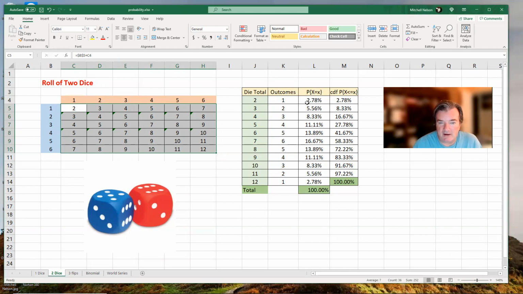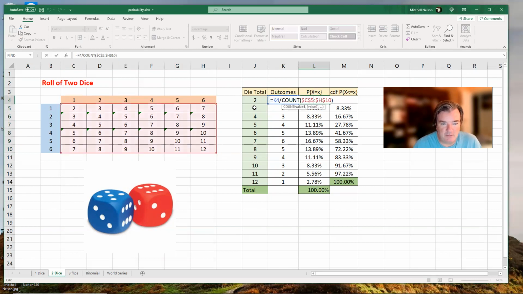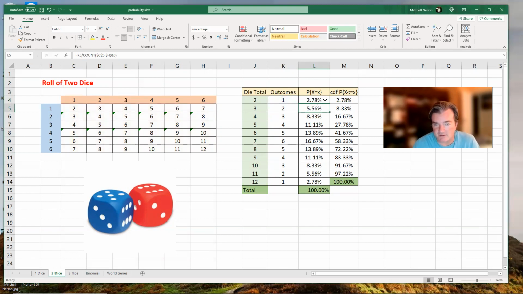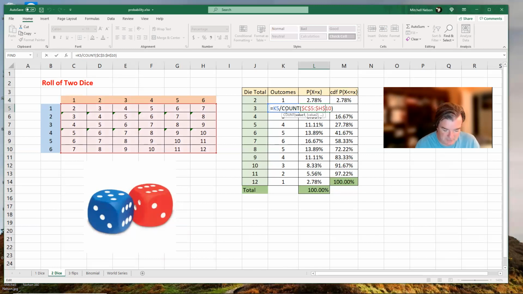So the probability of getting a 2 is equal to 1 outcome divided by 36, 1 out of 36. And that's what this number is, 2.78. That's 1 out of 36. The probability of getting a 3, there's 2 of those. So it's K5 divided by 36.